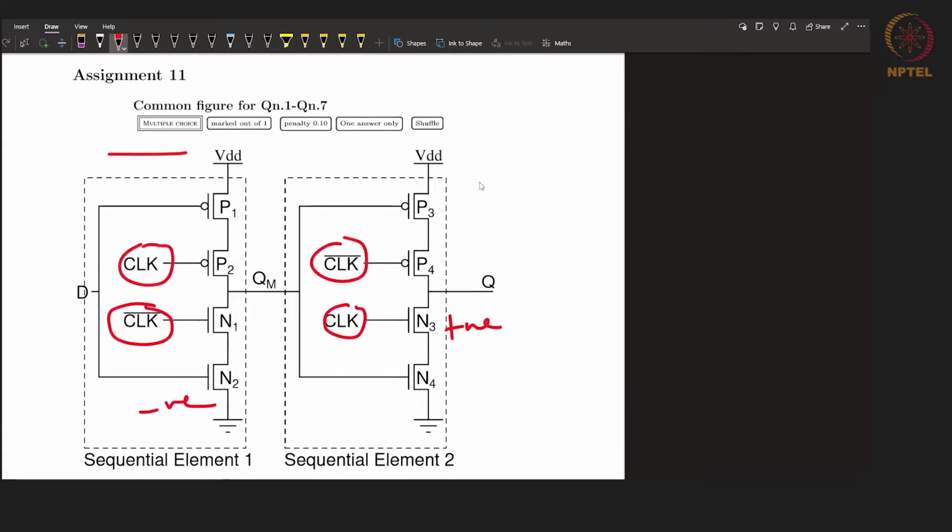Therefore the first latch is transparent at this edge. The second latch is transparent at this edge, right? But the first latch is opaque here.